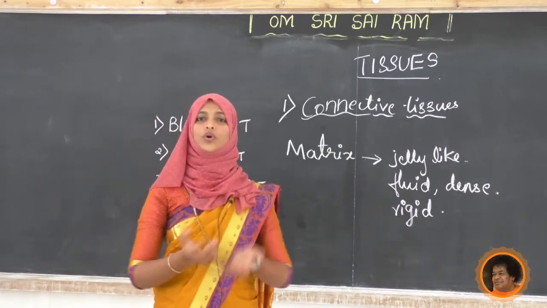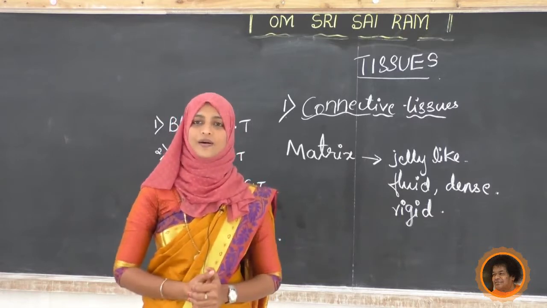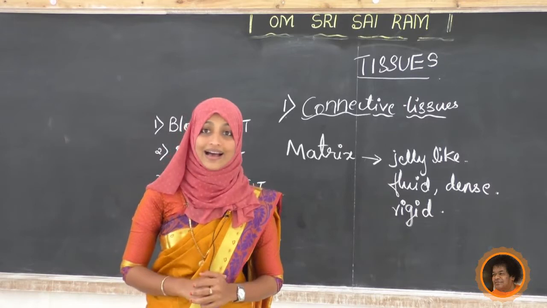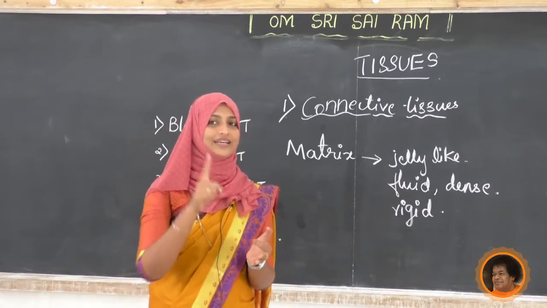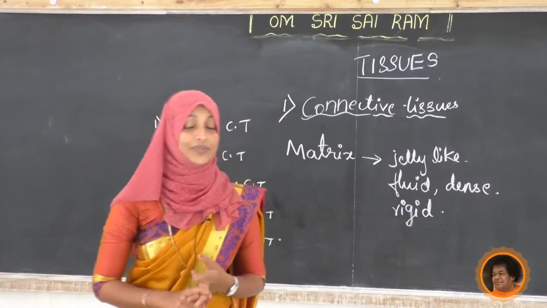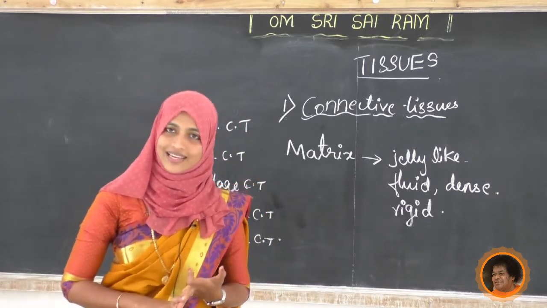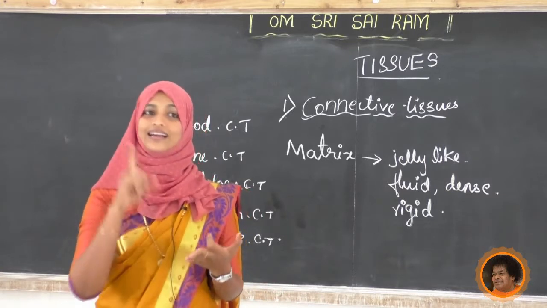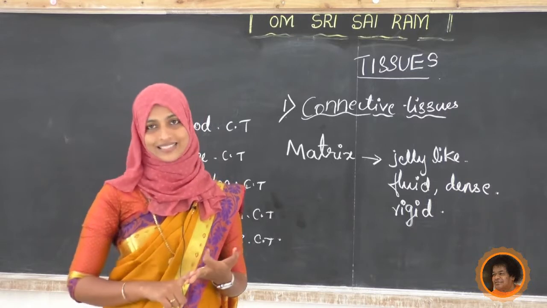Next, do you know blood plasma? What is there in blood plasma? Blood plasma has WBCs, RBCs and platelets. These are the blood cells: red blood cells, white blood cells and platelets.